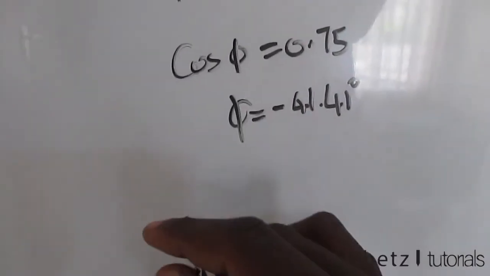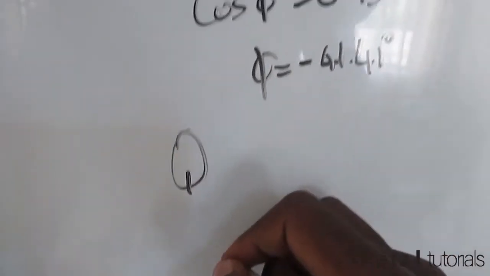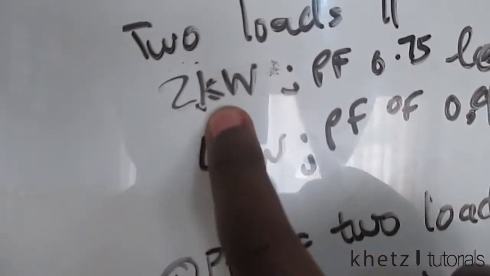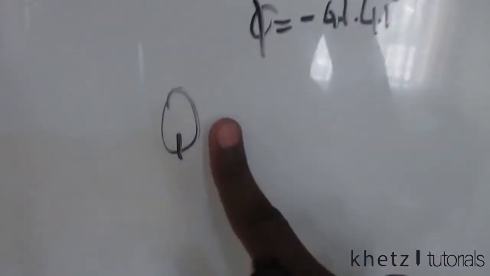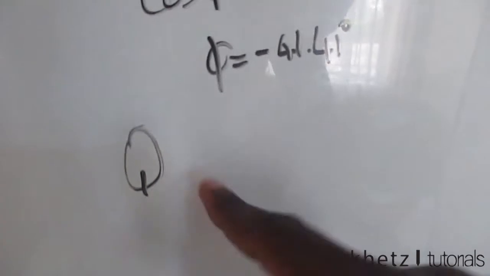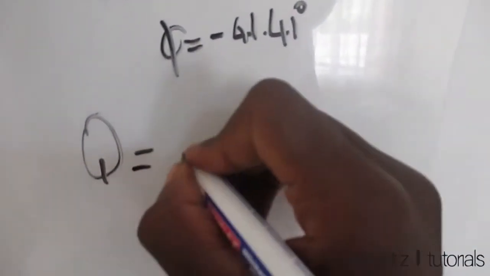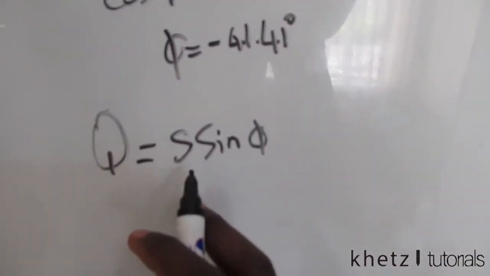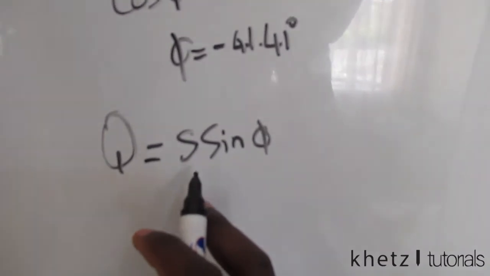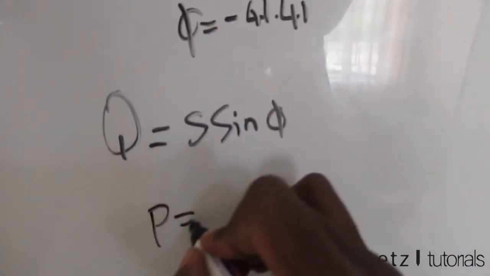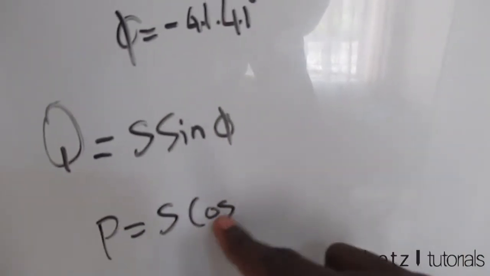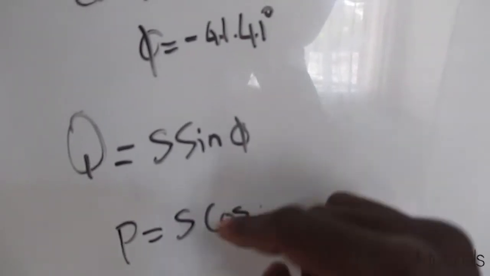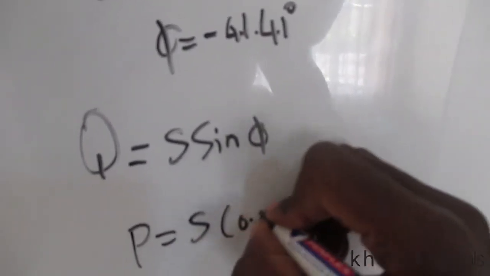Now we are going to find the reactive power. P is the real part of our complex power, and we're now going to find the imaginary part of that same complex power by saying S sine of this same angle. So we have to find our S. We can do that by saying P is equal to S multiplied by the power factor, which is 0.75.